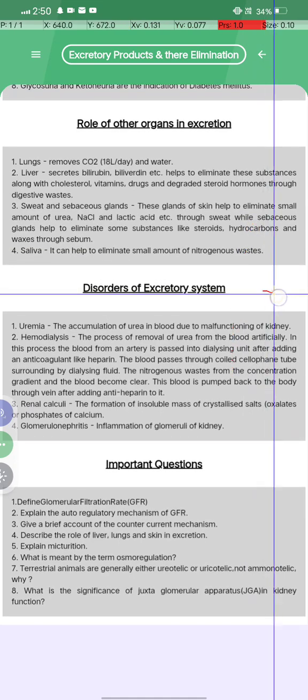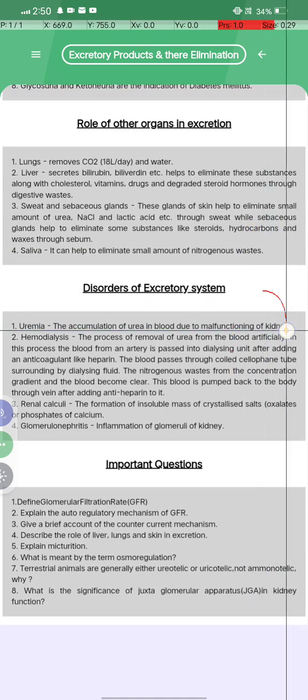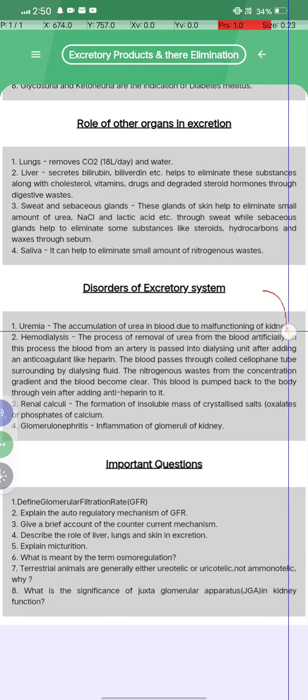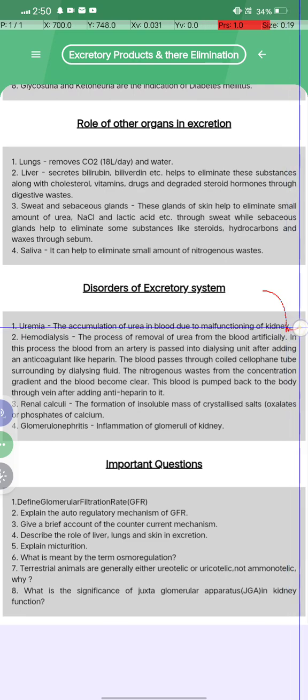Last is the disorders of the excretory system. Uremia: the accumulation of urea in blood due to malfunctioning of the kidney. Hemodialysis is the process of removal of urea from the blood artificially. The blood from an artery is passed into a dialysis unit after adding an anticoagulant like heparin.